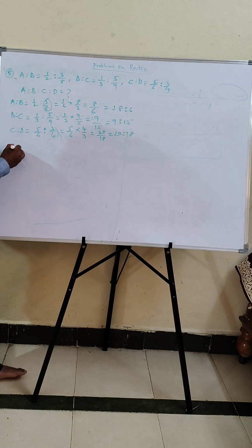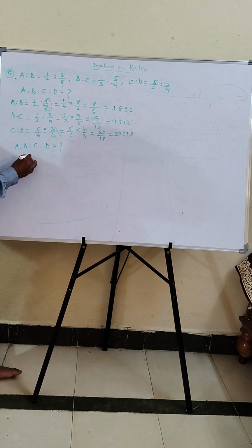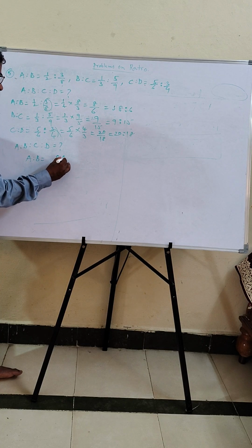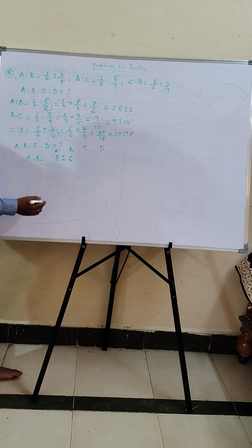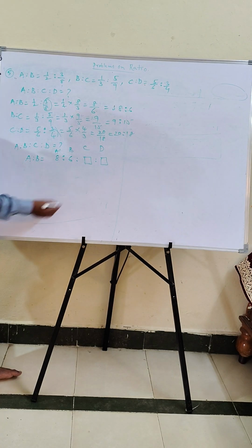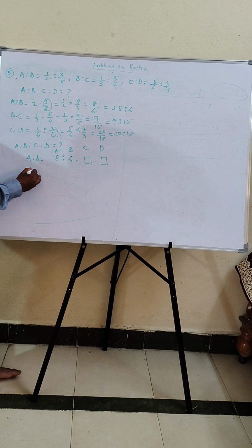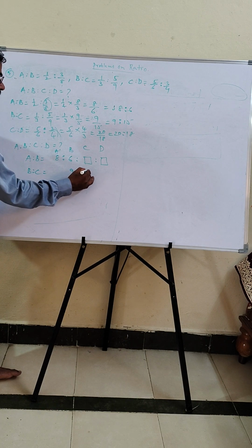We want to find out A is to B is to C is to D. Here A is to B equal to 8 is to 6. There is no C, there is no D. Then B is to C equal to 9 is to 15.